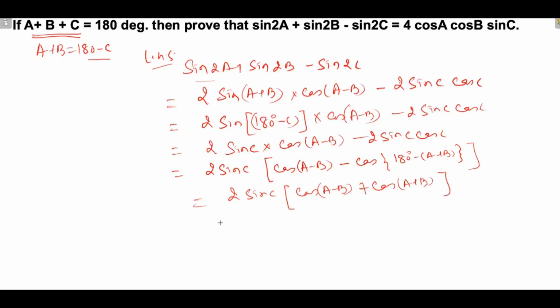So this is what it will become: 2 sin C, and then cos (A minus B) plus cos (A plus B). So this will be cos C plus cos D, which is going to be 2 cos (C plus D)/2, which is going to give you cos A, and then cos (C minus D)/2, which is going to give you cos of minus B. Then this will become 4 cos A, cos of minus B is cos B itself, cos B into sin C.